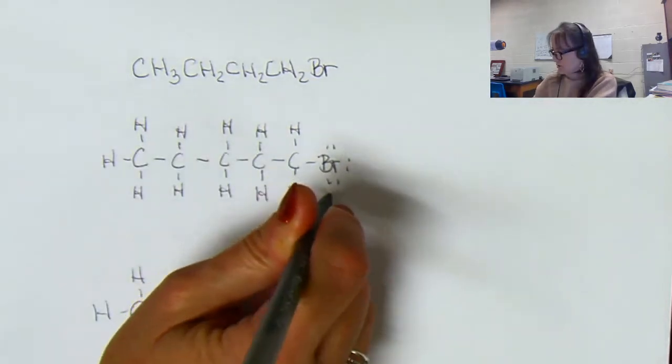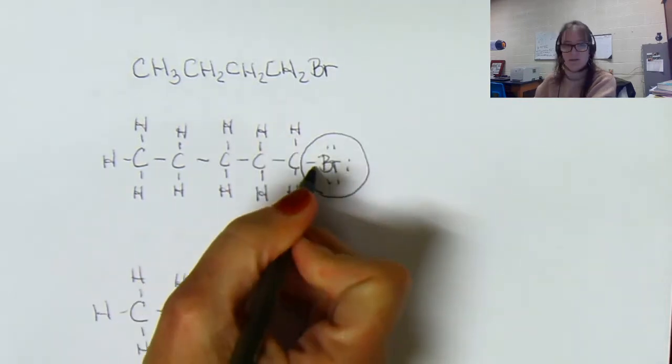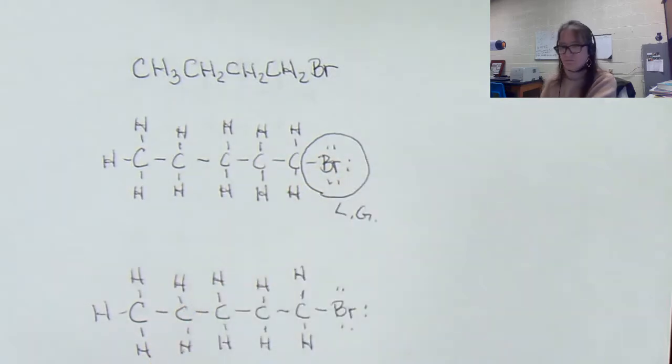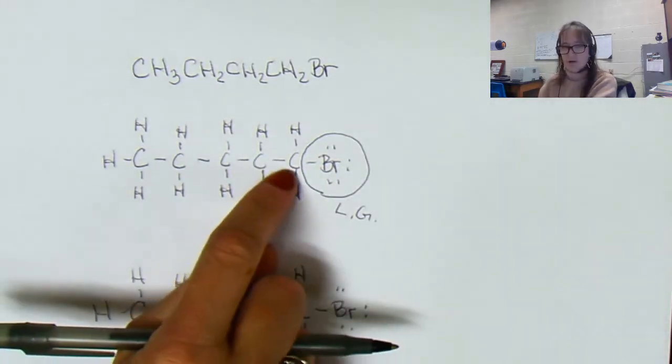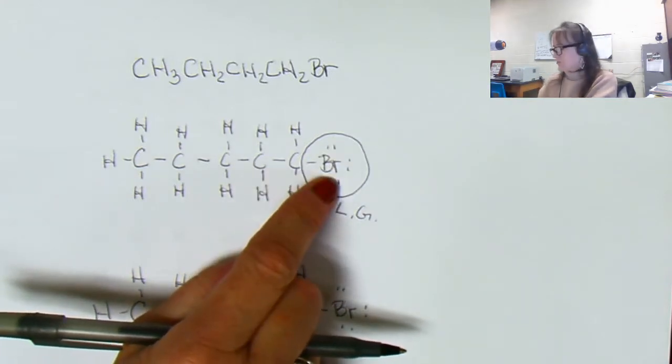And so bromine, and I'm circling the electrons also, is the leaving group. It is on a primary carbon, and bromine is a good leaving group.